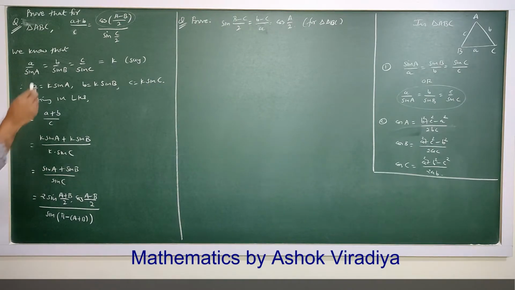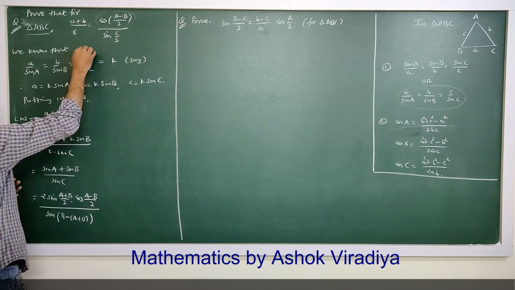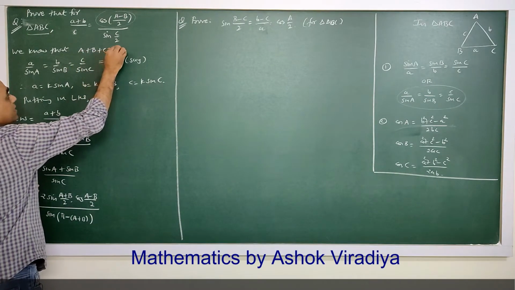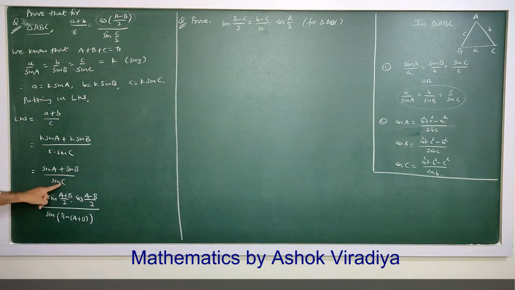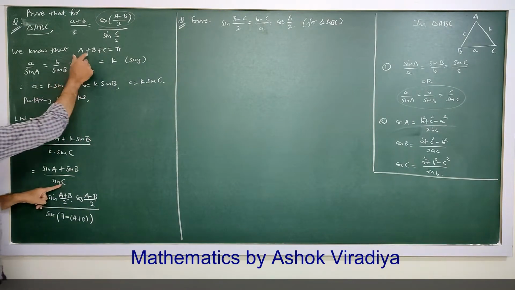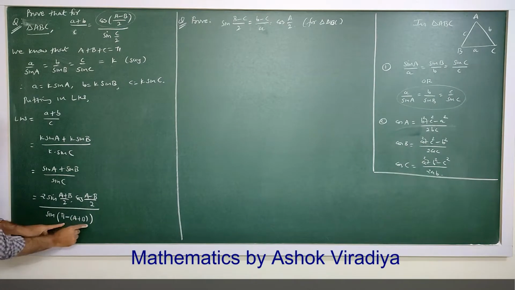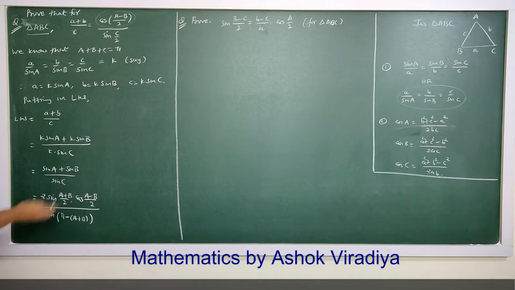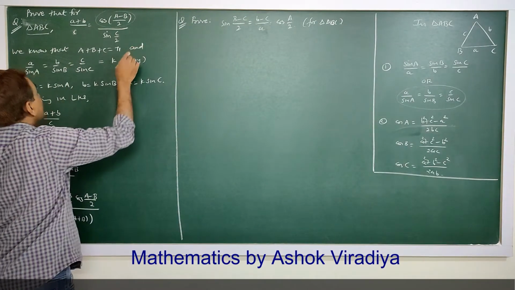These are properties of a triangle. A plus B plus C is equal to pi, so C is equal to pi minus (A plus B). So using this basic property as well as this sine rule.